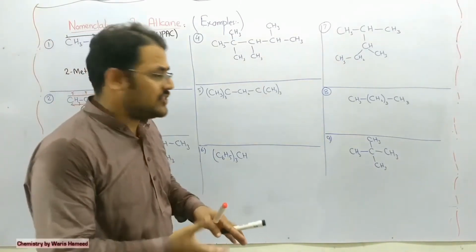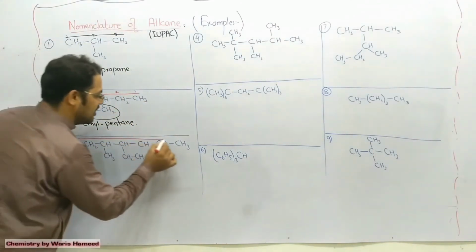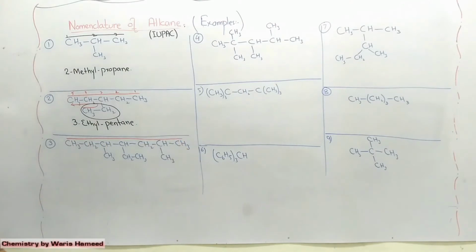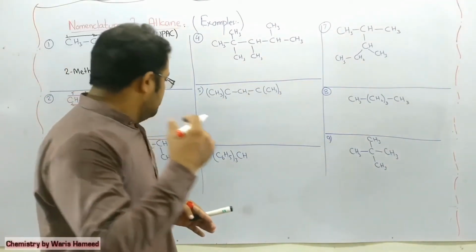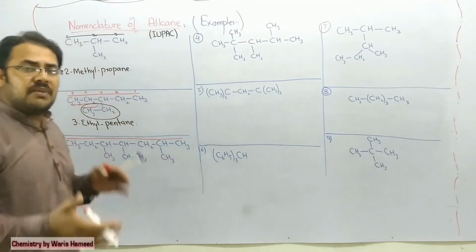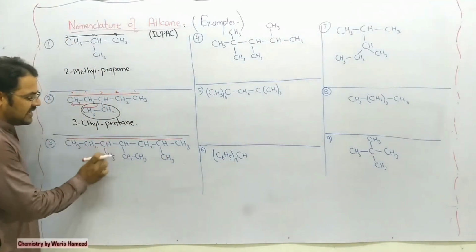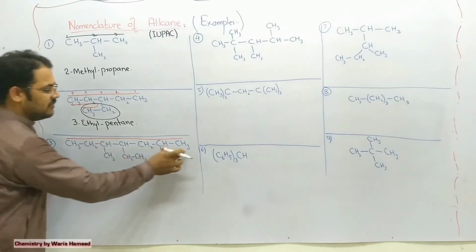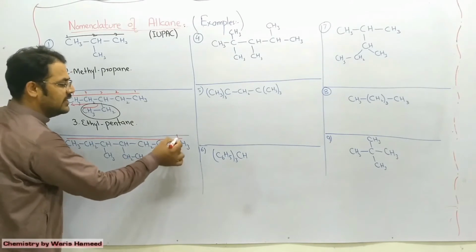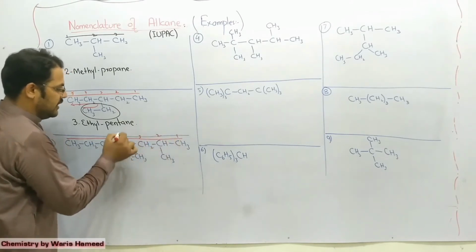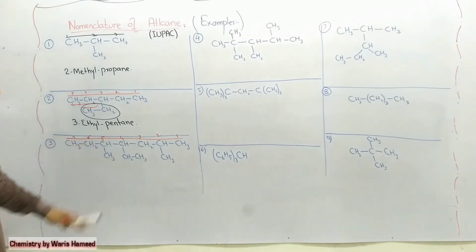Now moving toward the next molecule. Again we have to select the longest chain. In this case, it is the prominent chain that is the longest one. And now the second rule is to give the smallest number to a substituent. From this side the substituent is present on carbon 3, and from this side the substituent is present on carbon 2. So we will prefer this side: first, second, third, fourth, fifth, sixth and seventh.